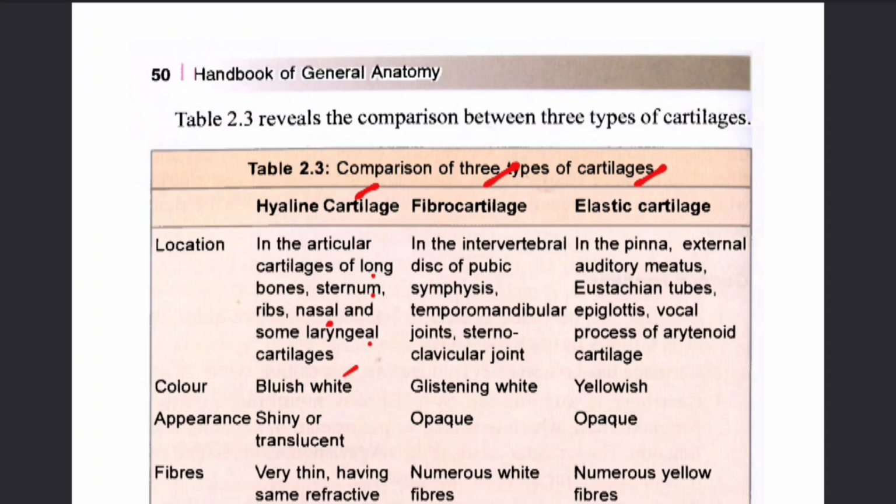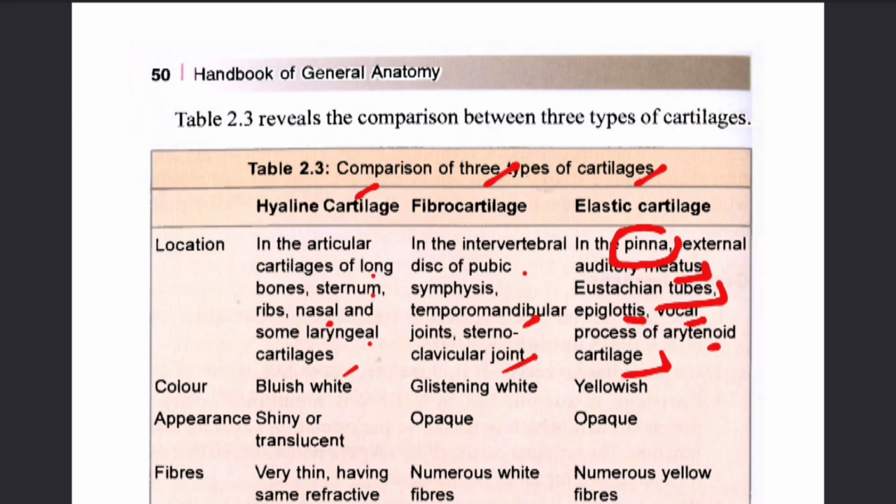Fibrocartilage is present in the intervertebral disc, the pubic symphysis, temporomandibular joints, sternoclavicular joints. Okay, this is the location. We'll study these joints in the next chapter. Elastic cartilage is mainly present in the ear pinna, external auditory meatus, eustachian tubes, epiglottis, and vocal process of arytenoid cartilage.